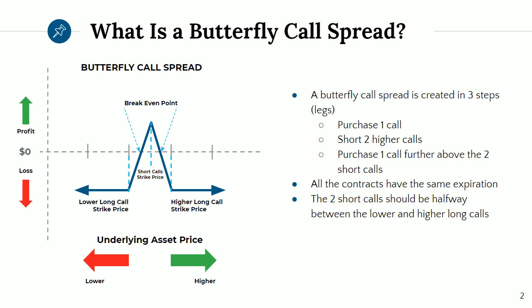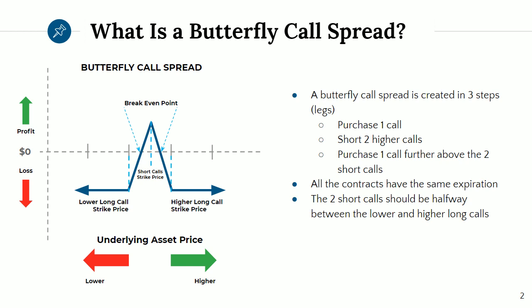So that's going to be on expiration day. If the stock closes precisely at the strike price of the two short calls, that's going to be the max profit. But if it doesn't and the stock keeps moving higher, right, what you'll notice, and this is one of the main differences between a butterfly spread and a normal spread, is that if the stock keeps moving higher, the profit's going to start decreasing.